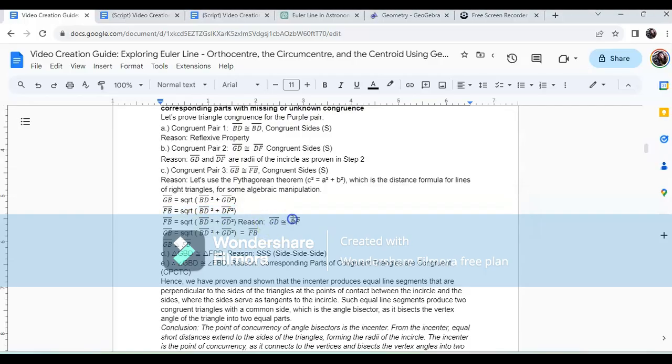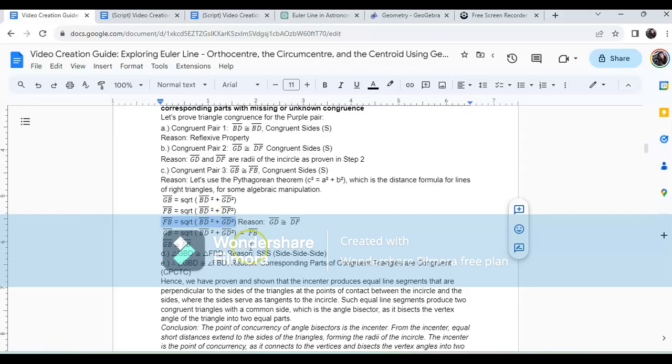And now we all know that side GD is equal to side DF as stated or proven here at section B. So we can do substitution now. We're going to replace side DF with side GD. So we can say that side FB is equal to the square root of the square of side BD plus the square of side GD.